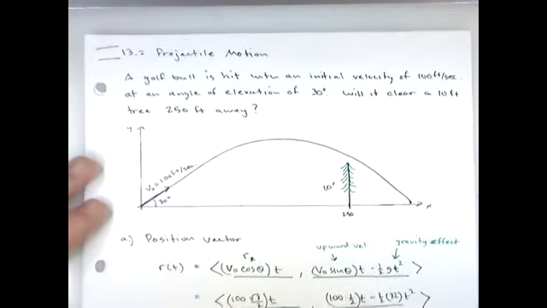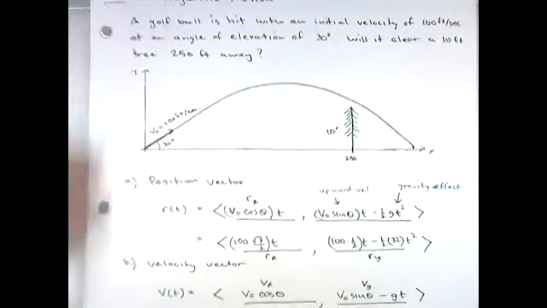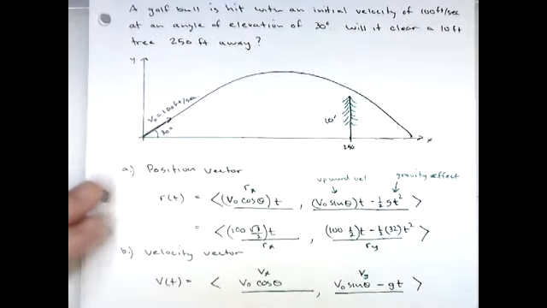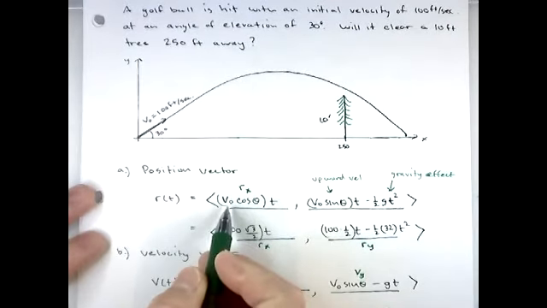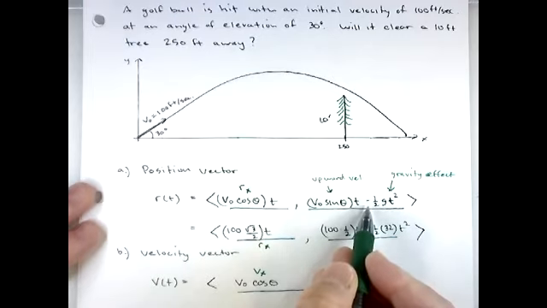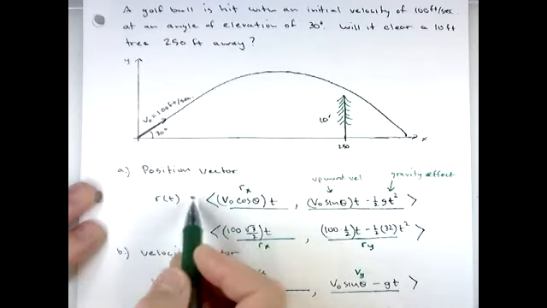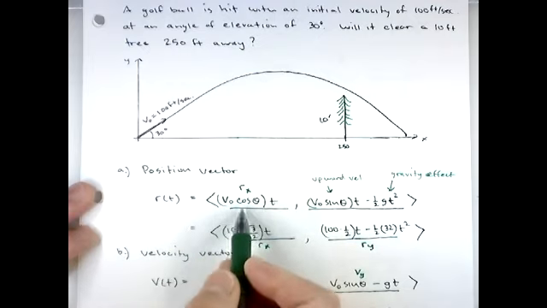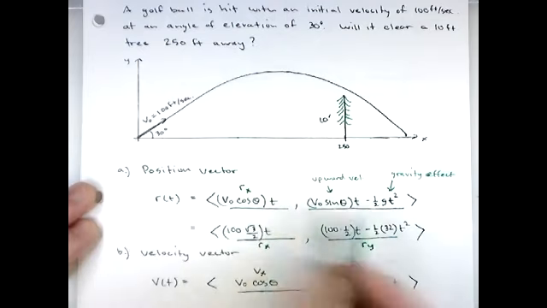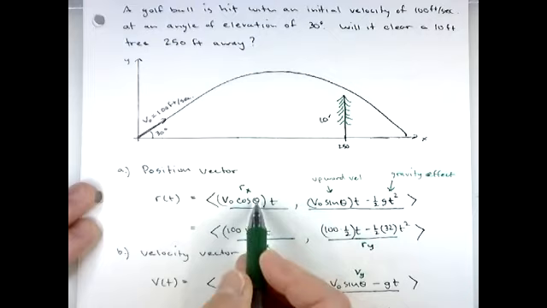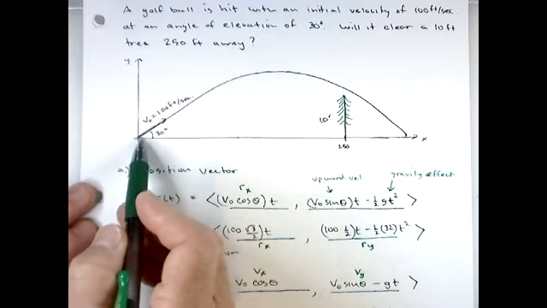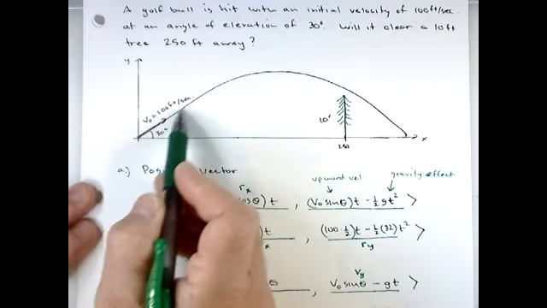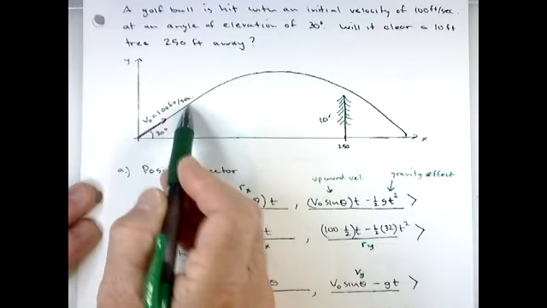So a position vector, we were talking about in 13.1, can be derived in this way. We're going to do a general case, and then we'll use our actual numbers here. Remember with the position vector, you can break down your motion into the X motion of the ball and the Y motion, the Y position. As the golf ball is moving along this path, it's moving in both the X and the Y direction.